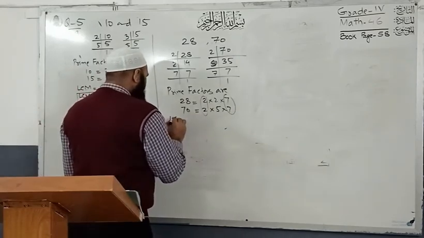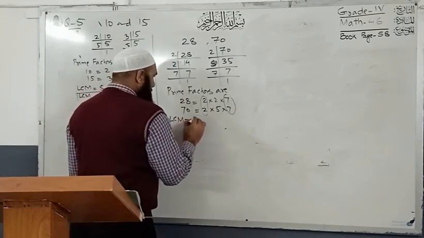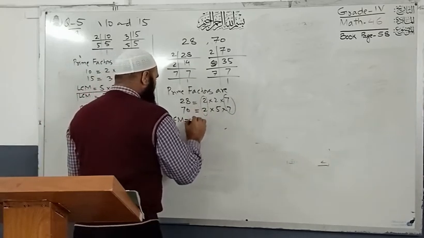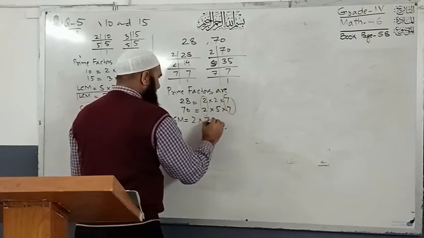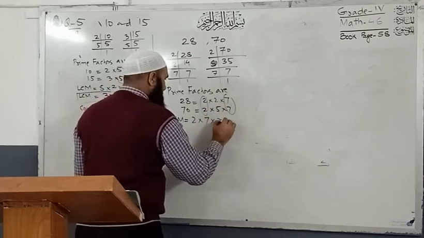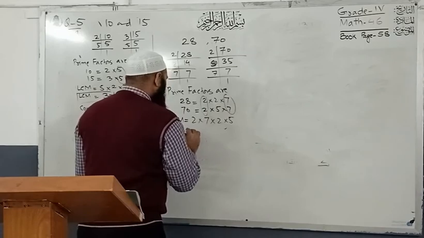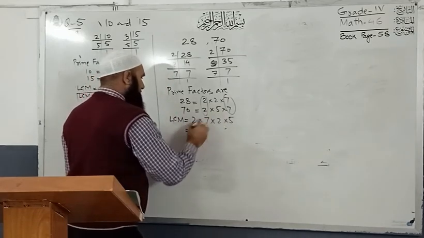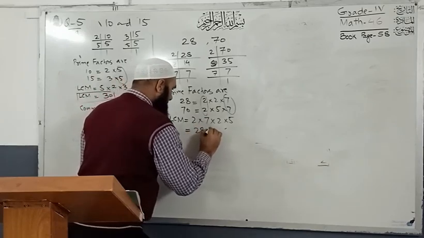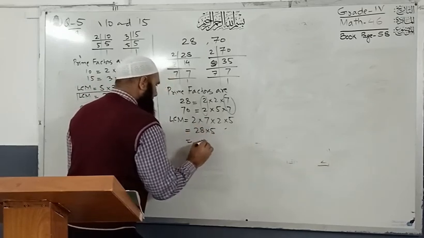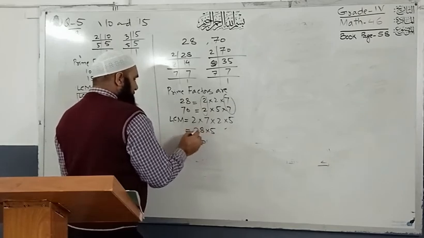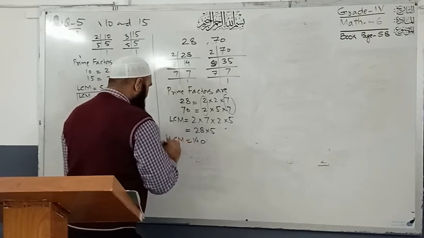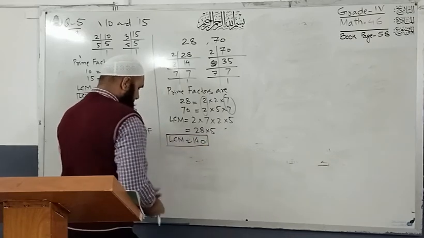For LCM, we write each number once from the pair, 2, 1 from here 7, and this 2 and 5 also. So LCM will be 2 times 2 is 4, 4 times 7 is 28, 28 multiply 5 is equal to 140. This is our LCM.